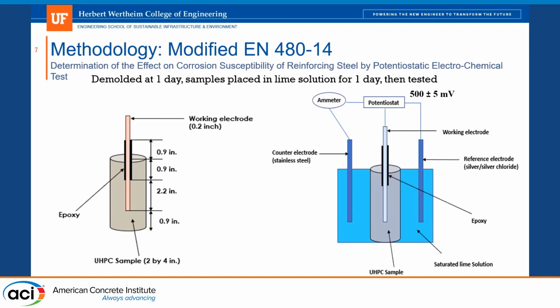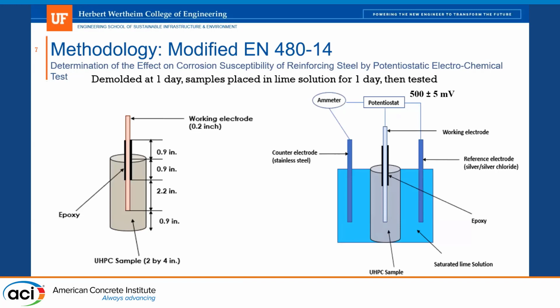So in short, when we place the concrete, we embed a steel strand wire in the middle. Then we leave it for 24 hours. Then we demold it. After demolding, we put it in lime solution for 24 hours again. And then we test it for 24 hours.